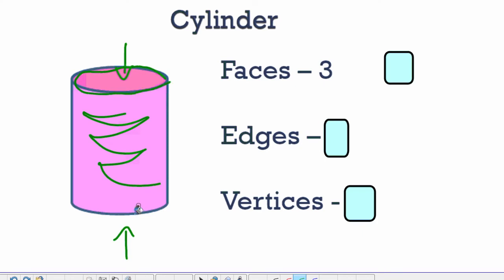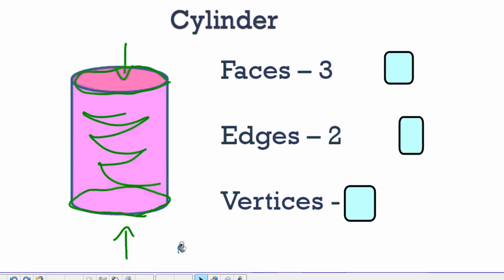And you've got the bottom part here, again where 2 faces meet. There's nowhere else where faces meet. The middle part is just one long face, so it doesn't meet anywhere else. Although it looks like we've got lines here and here, in real life they don't exist. So the edges of a cylinder is just 2. And vertices: can you see any corners there? No.